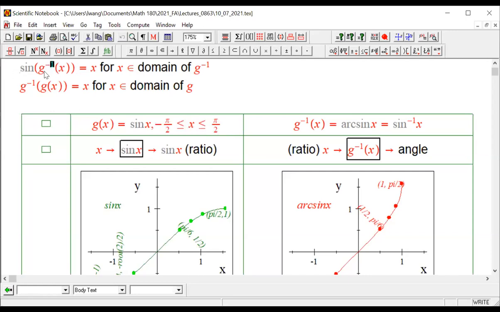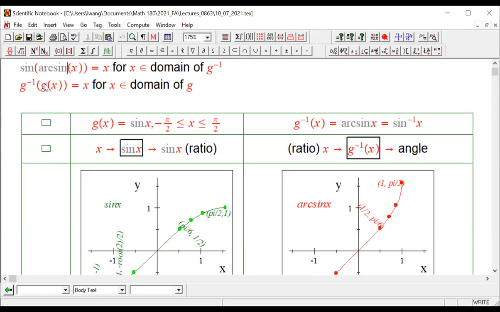And what's the G inverse? Arc sine. So we can remove that x. For what? For x in the domain of G inverse. What's the domain of G inverse? From -1 to +1, right?